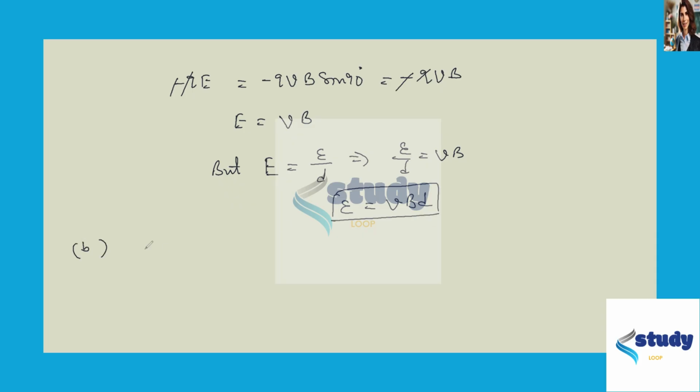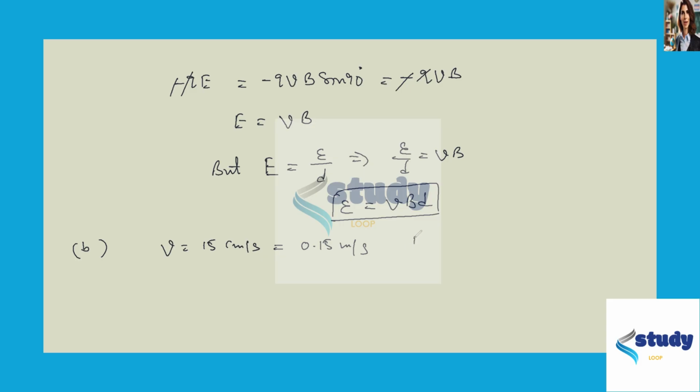Now, in the second part of the problem, we have to find the required magnetic field to give these ions a speed of 15 centimeter per second across the given blood vessel. So the speed is 15 centimeter per second, or it comes out to be 0.15 meter per second.